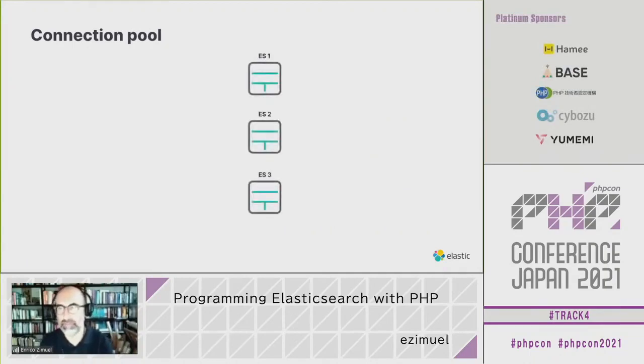So let's start to describe how the connection pool works. Imagine that we have 3 nodes, 1, 2, and 3, where Elasticsearch is running, and these are the IP addresses. And we have a PHP client, an application that wants to connect to this cluster.